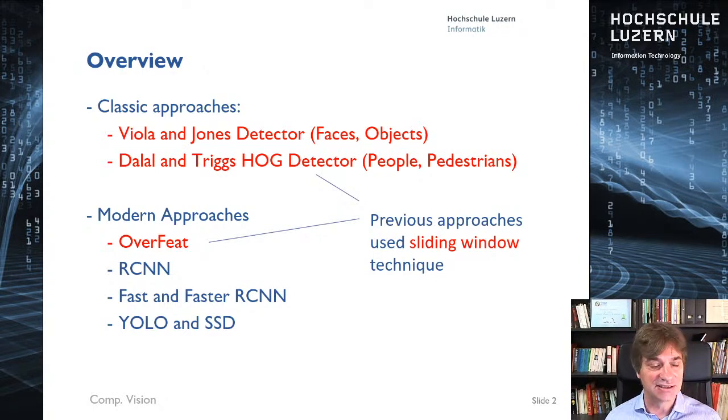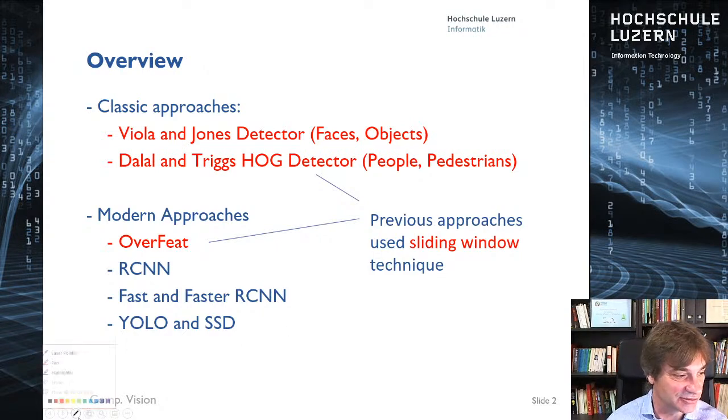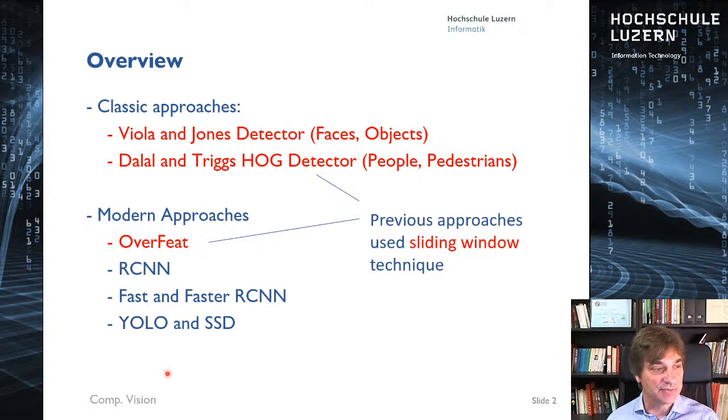Then you have found the object in that region and also classified it. Of course, this needs a lot of computation time, so one goal of those approaches was to make it as fast as possible. Viola and Jones used a special feature detector, Haar features, with the integral image for faster calculation of the features, and also this classifier cascade that allows ruling out regions where there is no face relatively fast.